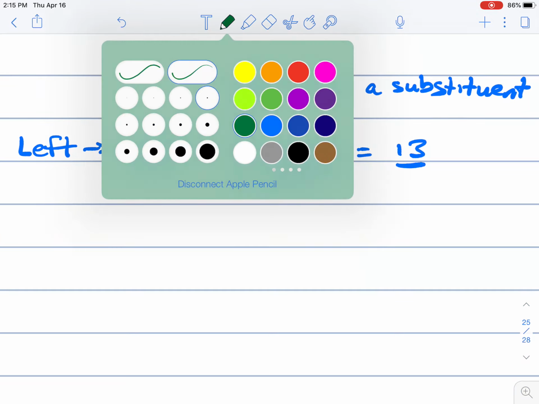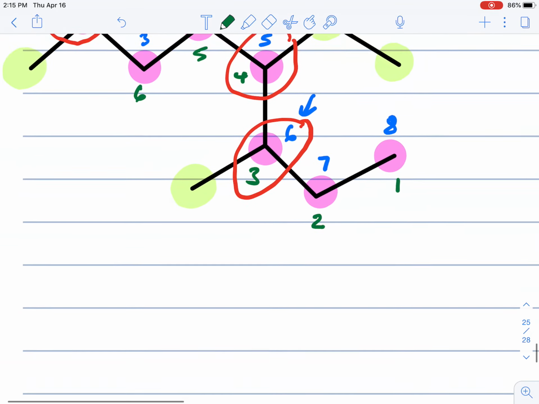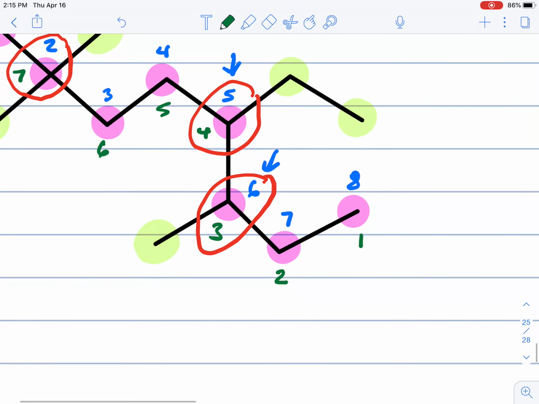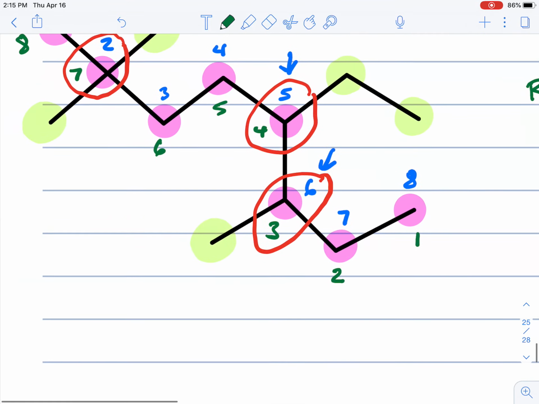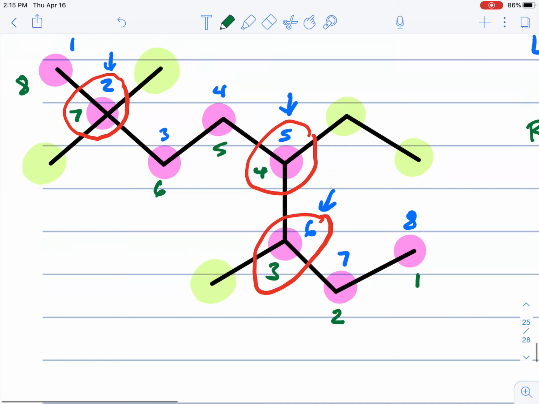Now I'm going to change to green, which is representing my number system from right to left. Notice that here I have 3, 4, and 7.